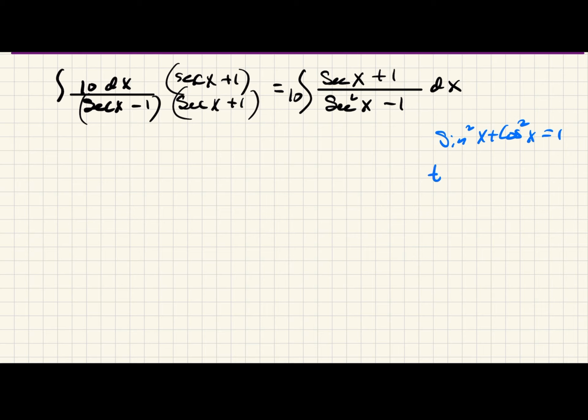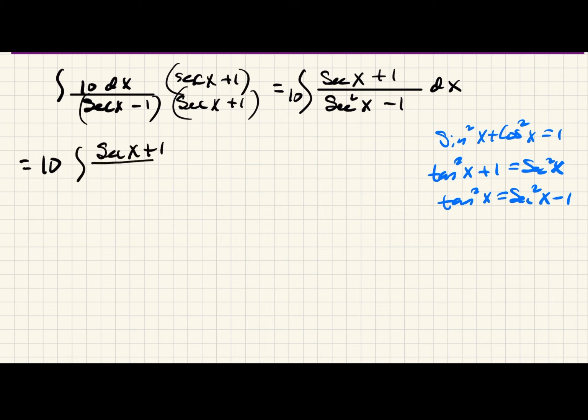So what I'm going to have is tangent squared x plus 1 equals secant squared x. And what do you know? Tangent squared x would be secant squared x minus 1. Okay, so I can rewrite that guy up there as 10 times the integral of secant x plus 1 over tangent squared x dx.